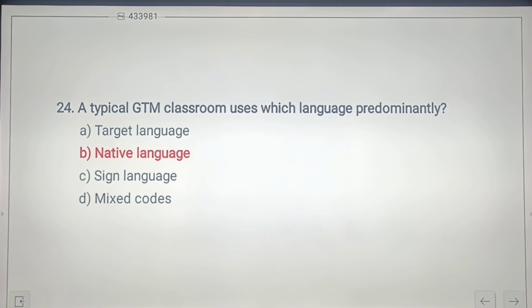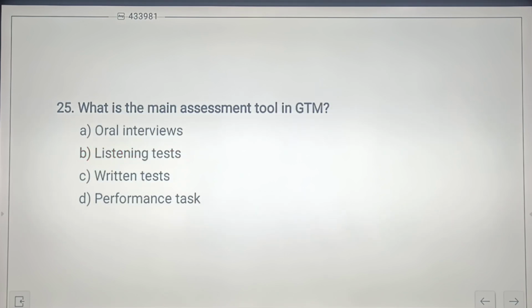Okay. Next, what is the main assessment tool in grammar translation method? A. Oral interviews. B. Listening tests. C. Written tests. D. Performance task. The right answer is written tests. The main assessment tool in grammar translation method is written tests.